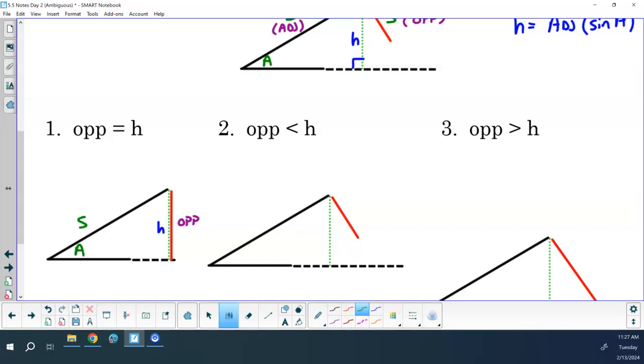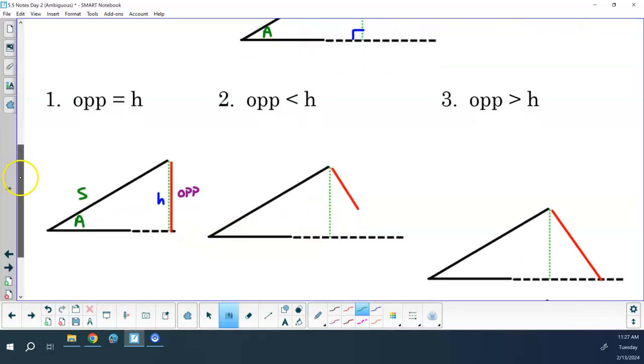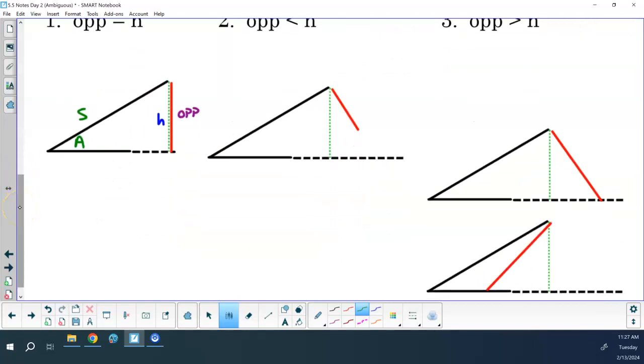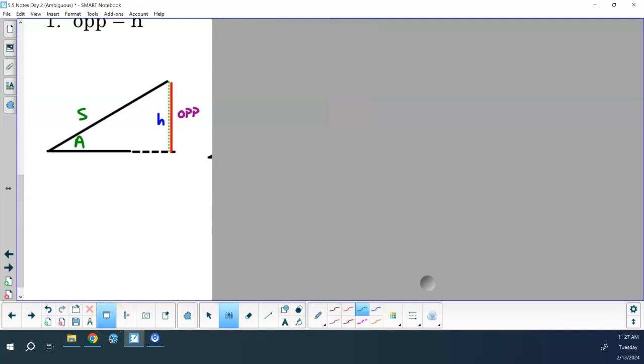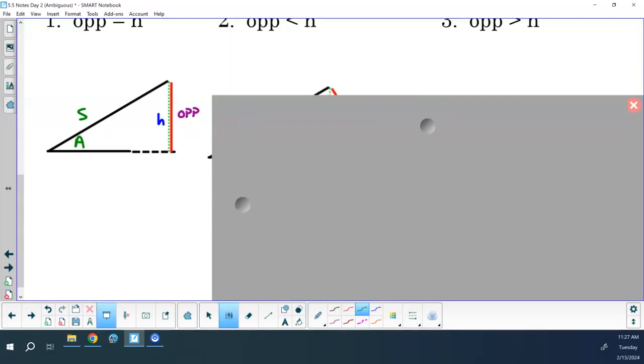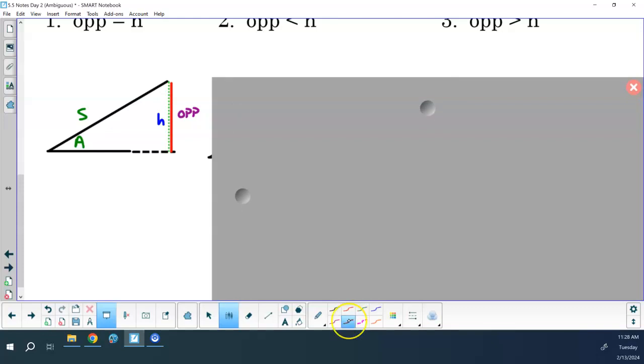One triangle is formed, and it is a right triangle. That's the very rare case.